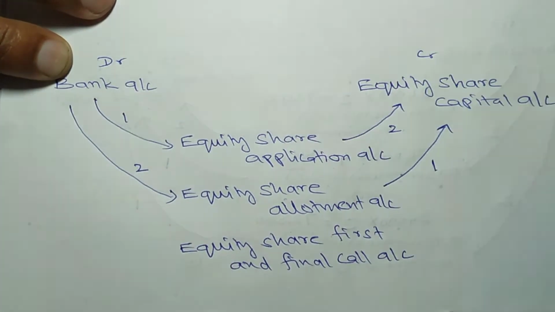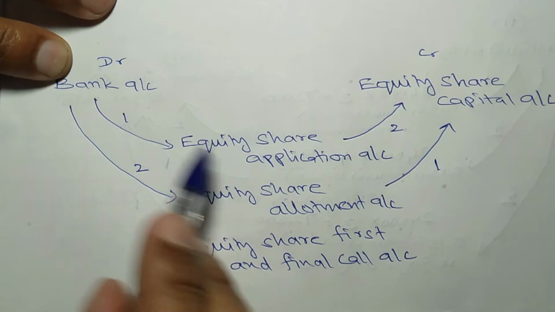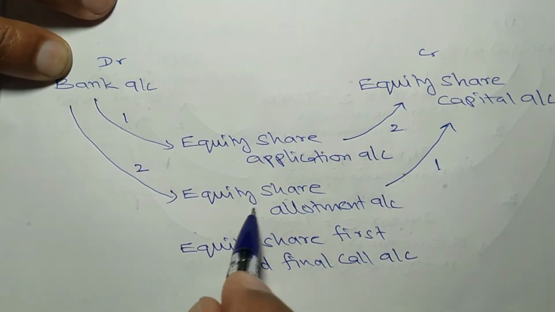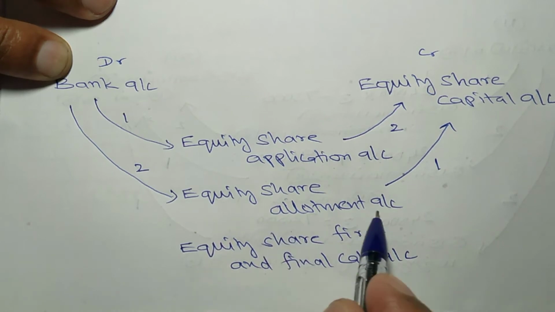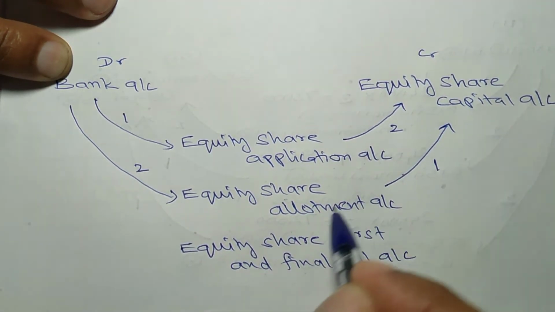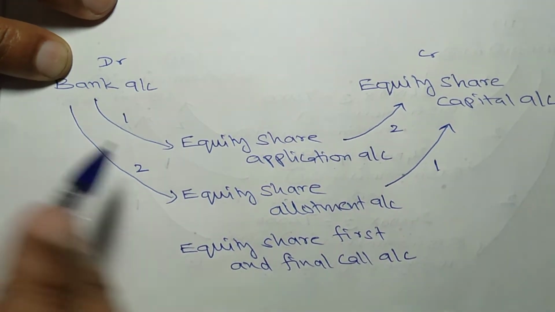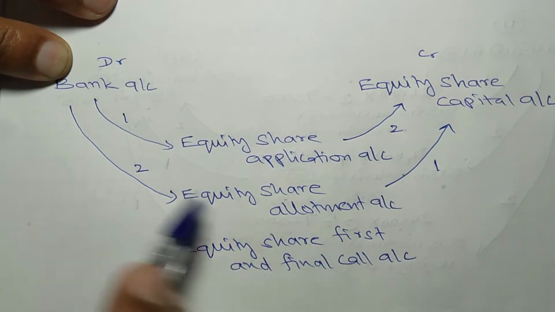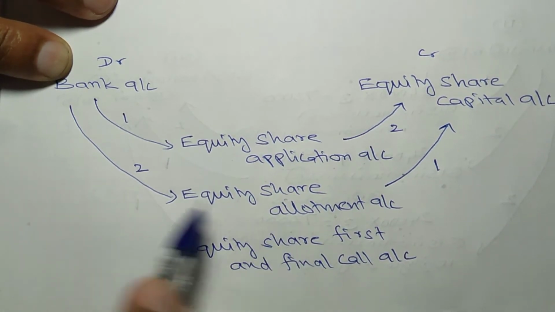This one is credit. So first one, equity share allotment account debit to equity share capital account, that is allotment money due. Then bank account debit to equity share allotment account, that is allotment money received.